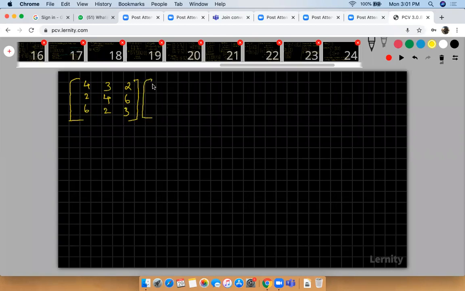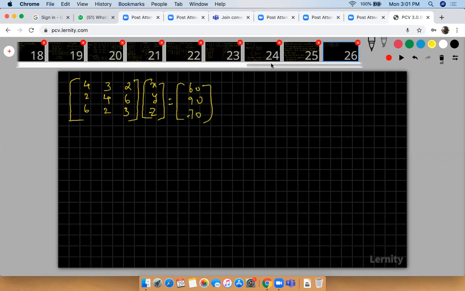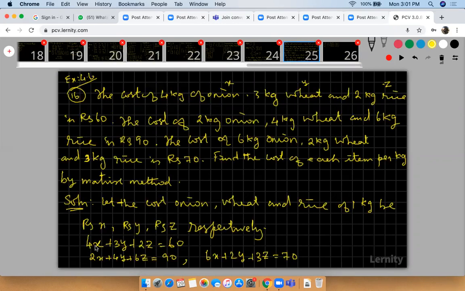The unknown matrix is X, Y, Z. On the right hand side is 60, 90, 70. I'm writing the coefficients of X in the first column, Y in the second column, Z in the third column, and the right side 60, 90, 70.